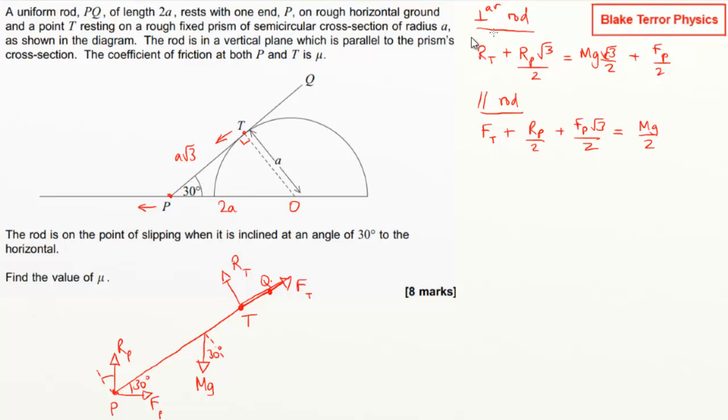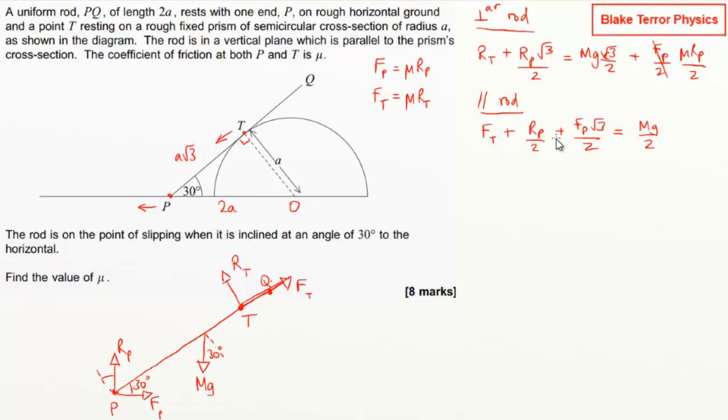Now we also know, of course, that FP is equal to mu RP and that FT is equal to mu RT. So we can get rid of our FP and our FT, and that's reduced things out of all of these. So let's get rid of this term here and replace that with a mu RP over 2.